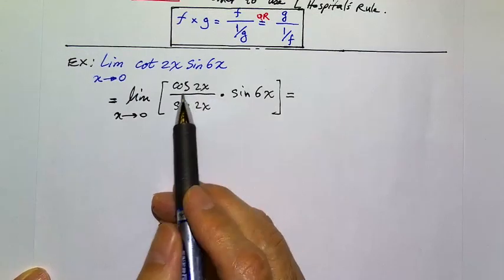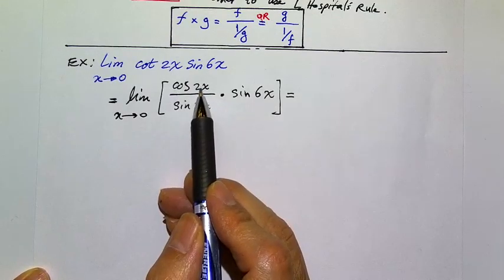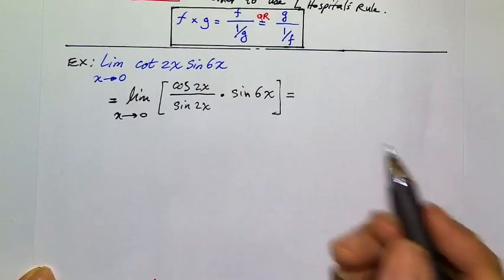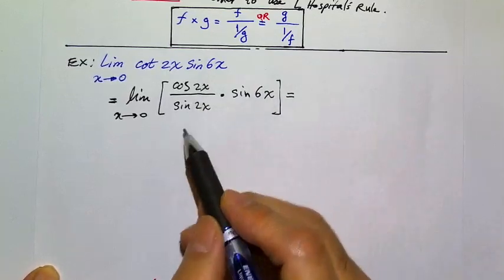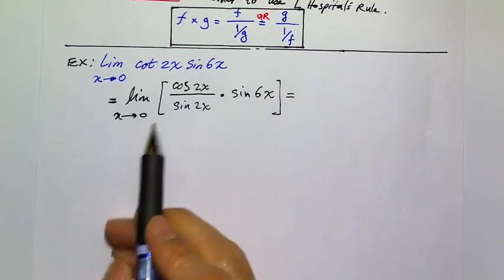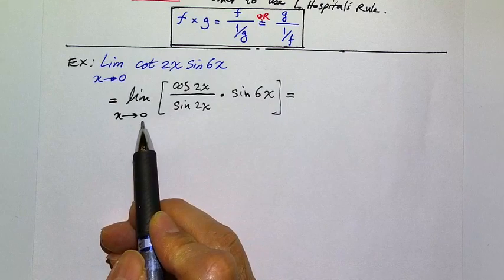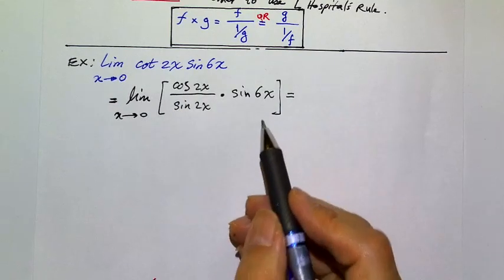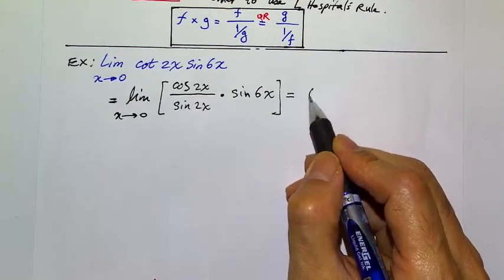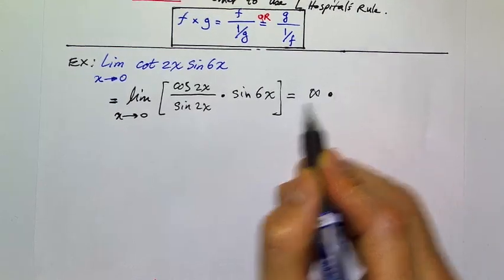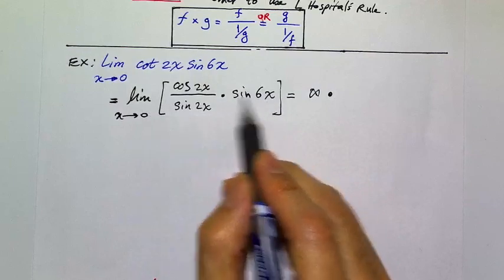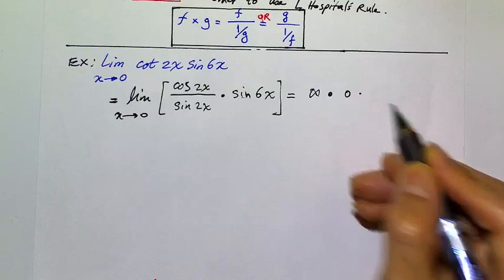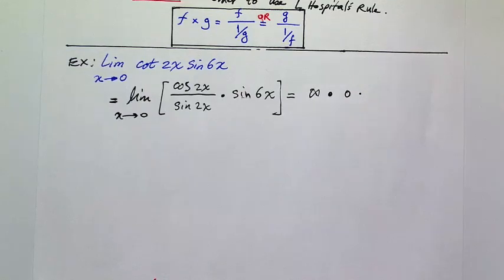And so cosine of 2x, cosine of 0 would be 1 over 0. That would be undefined, right? 1 divided by a value that is getting closer and closer to 0. It would be infinity, but it would be undefined. Or we can show it as infinity times, of course, limit of this expression would be 0. So we have an indeterminate case, right?